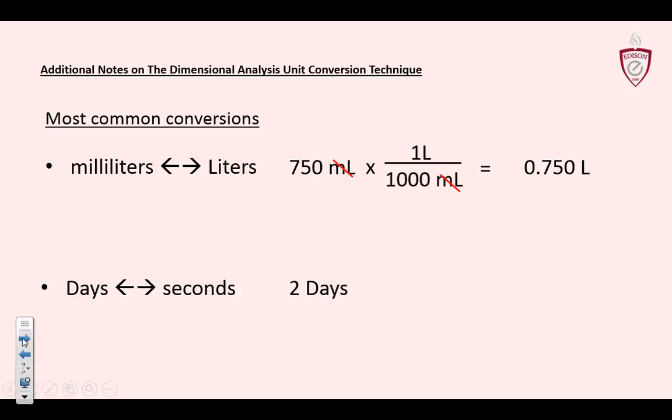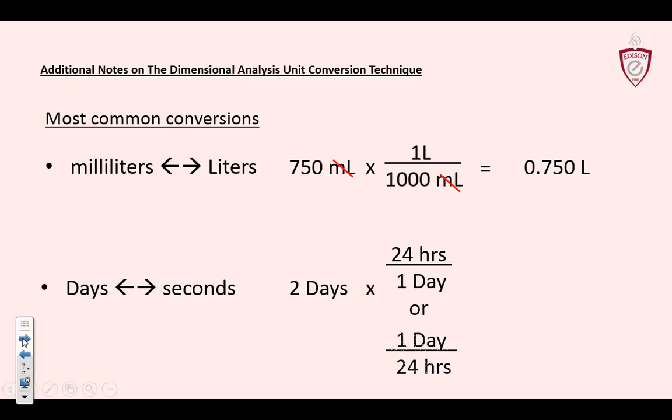More complex conversions like time, days to seconds. We're going to do 2 days and convert it to seconds. There's multiple steps, and it works great because you can crunch all your answers into one calculator line. So we're going to go days to hours. We have to choose the right conversion factor so that days cancels out, which means day has to be in the denominator.